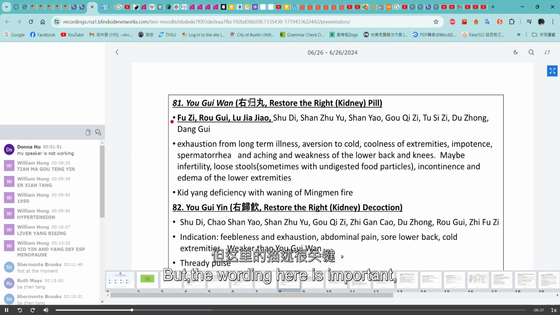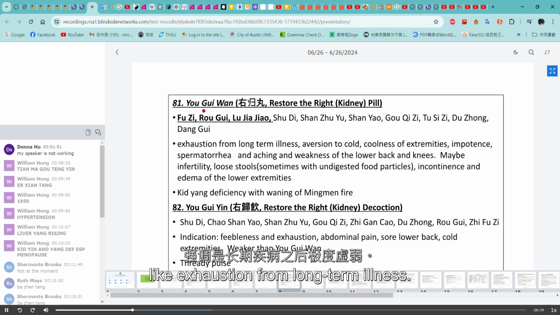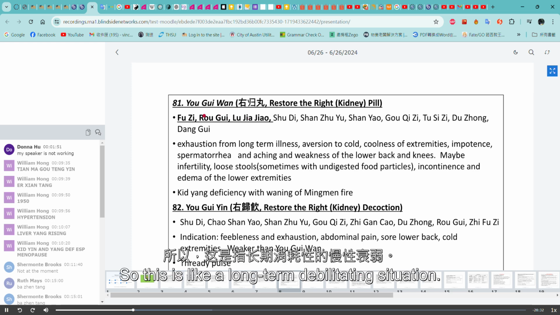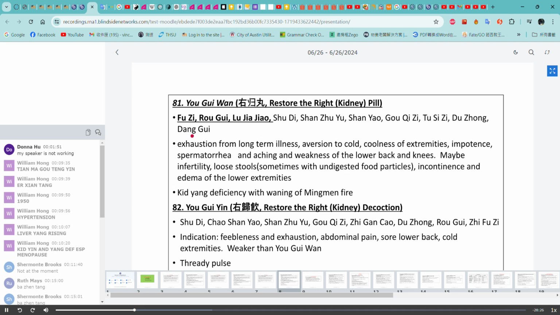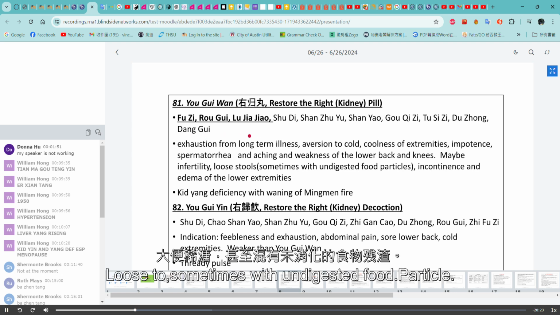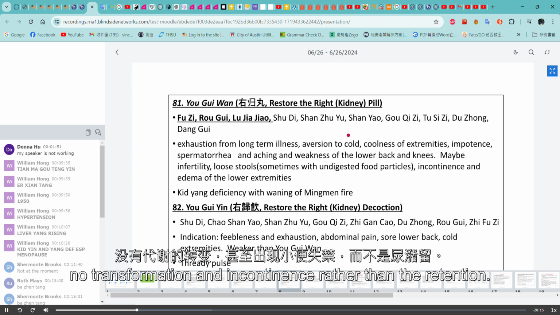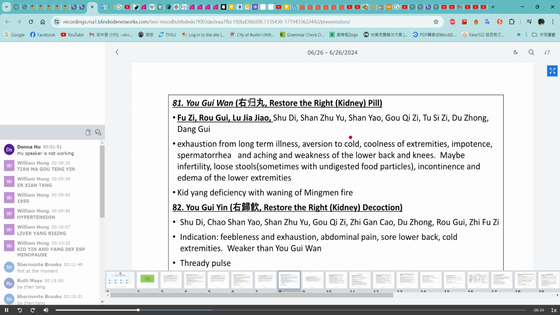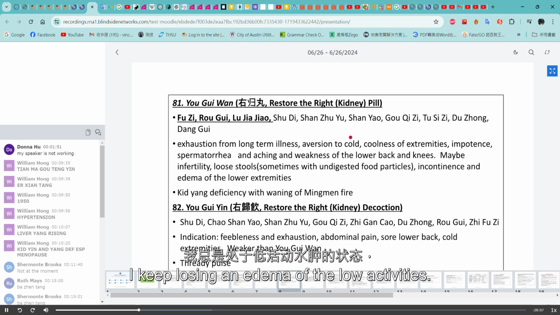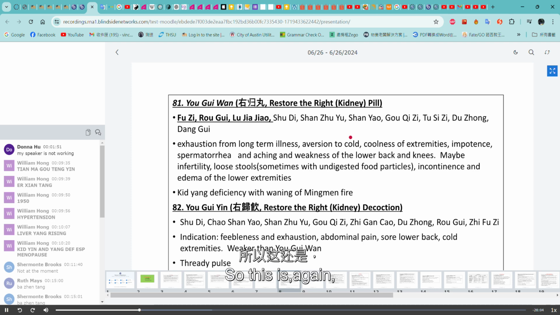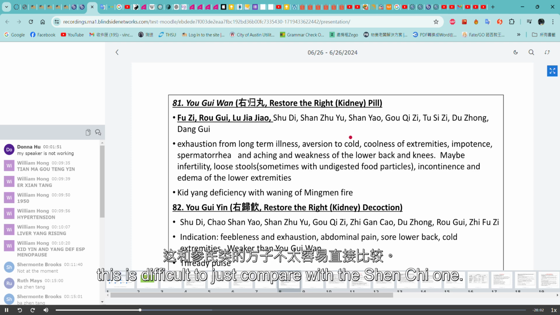But the wording here is important: exhaustion from long-term illness, a long-term debilitating situation. Maybe infertility, loose stool, sometimes with undigested food particles. There's no heat, no transformation, and incontinence rather than retention, because I keep losing, and edema of the lower extremities.